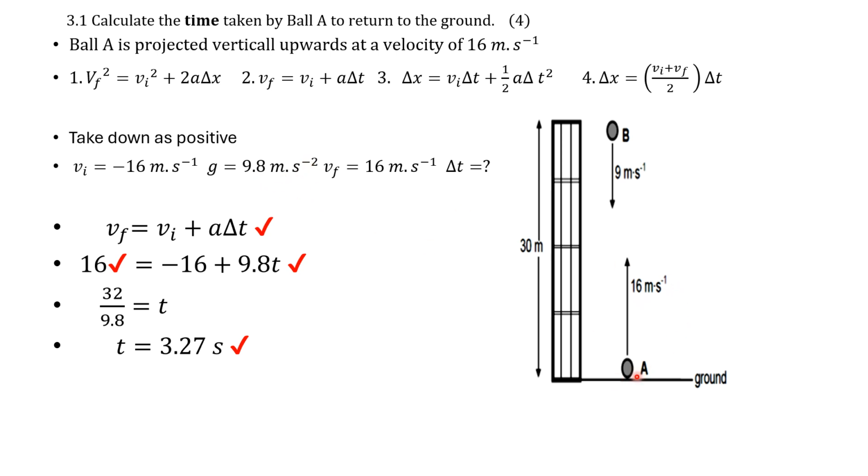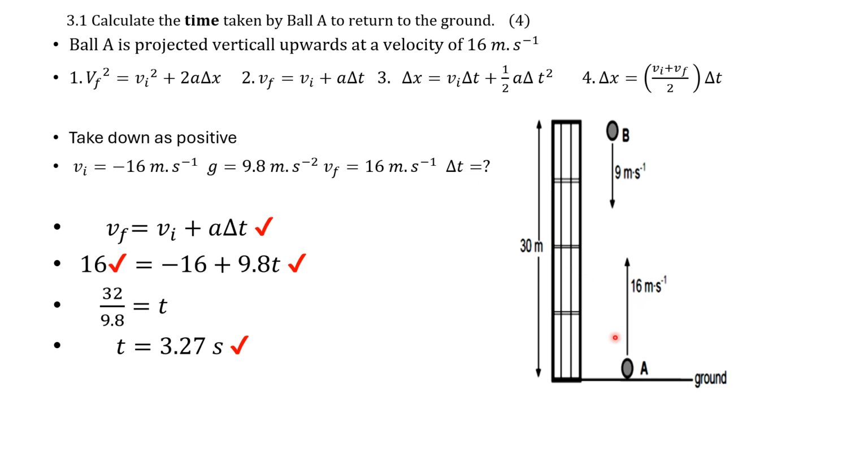If I throw something at 16 meters per second and the only thing slowing it down is gravity, and when it comes back down the only thing speeding it up is gravity, then when it comes back to the ground, the final velocity must be the same as the initial velocity, but in this case it's positive 16 meters per second and initial is negative 16, because the two are moving in opposite directions.